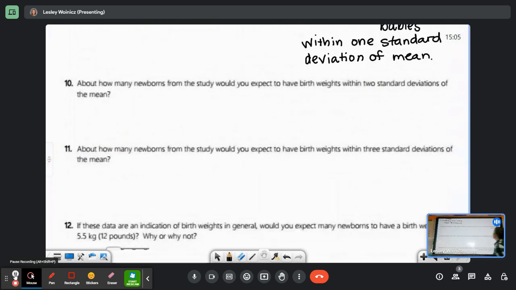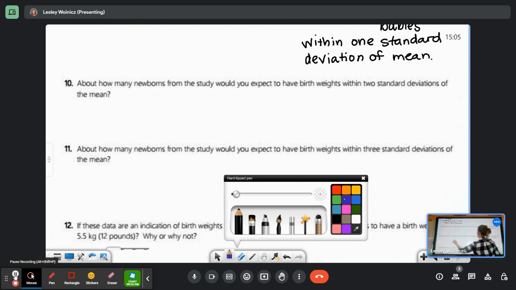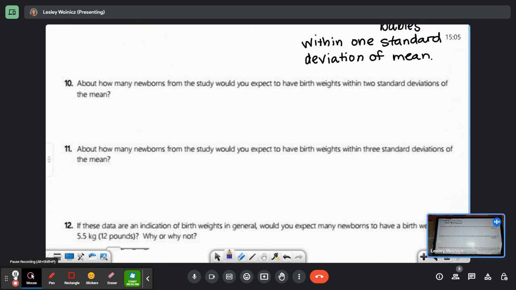About how many newborns from the study would you expect to have birth weights within 2 standard deviations of the mean? 95%. Does that tell you how many or what percent? 95% helps us get there, but we have a little more work to do. 95% of how many babies? 3,226.